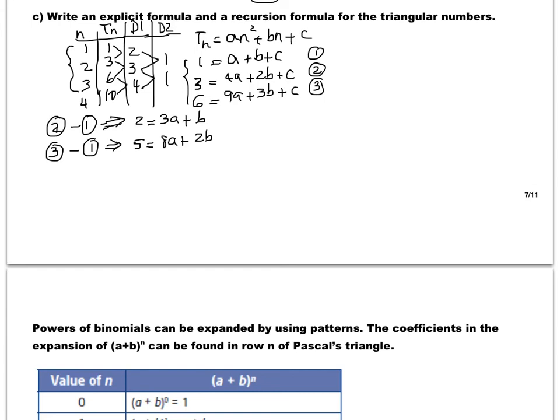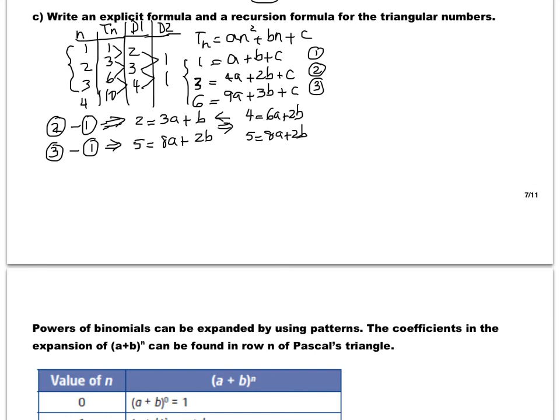Now I can go ahead and try to solve for a and b. To do that, it is obvious that I have to multiply this equation by 2 and then subtract each other. So if I multiply the top equation by 2, I get 4 is 6a plus 2b, and the bottom one is just 5 is 8a plus 2b.